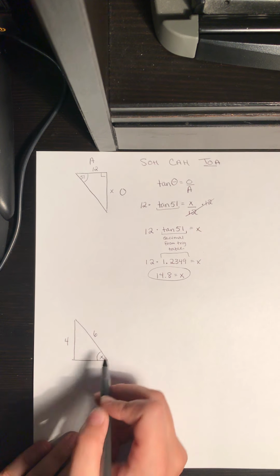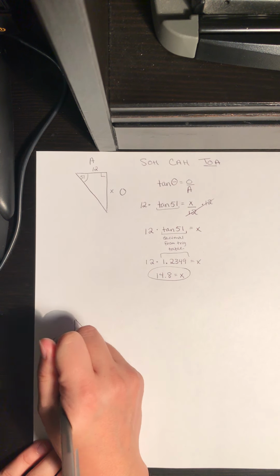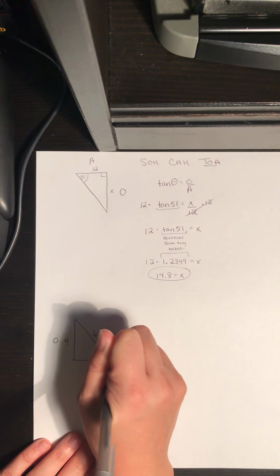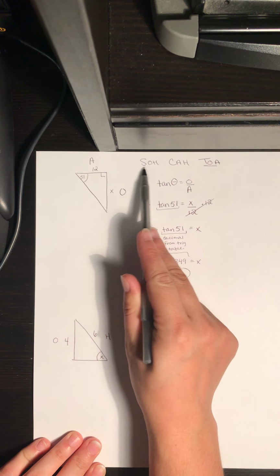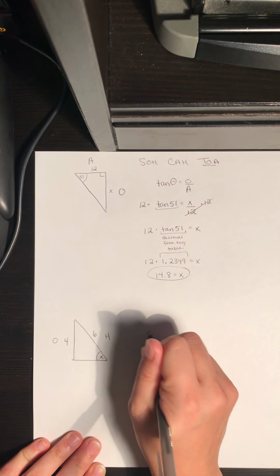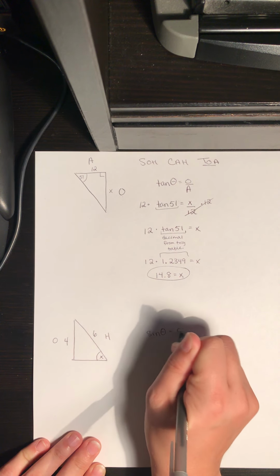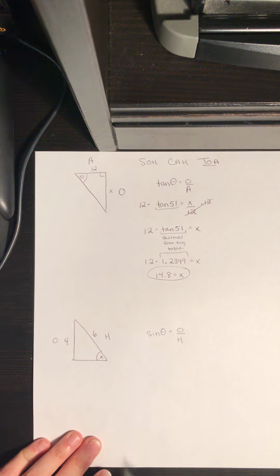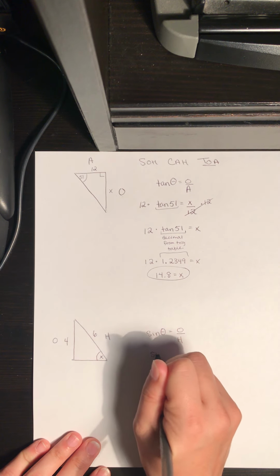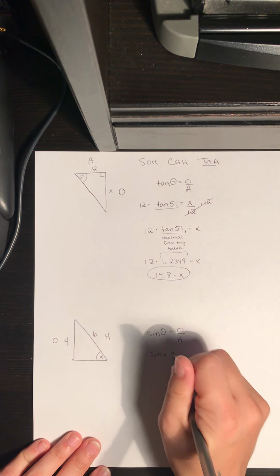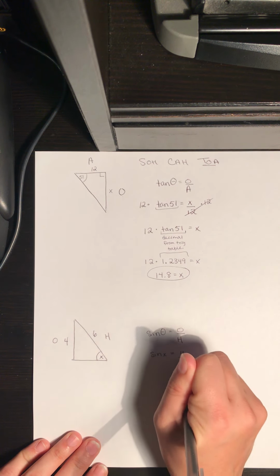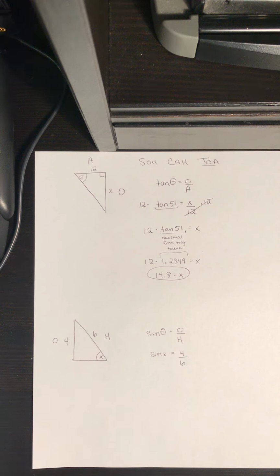Okay, so again, we're going to label the sides of our triangle, and this time we're working with O and H, so we are working with our sine ratio. I'm going to plug in everything I know. So we don't know our angle. That's what's missing here, and we're doing 4 over 6 as our opposite over hypotenuse.